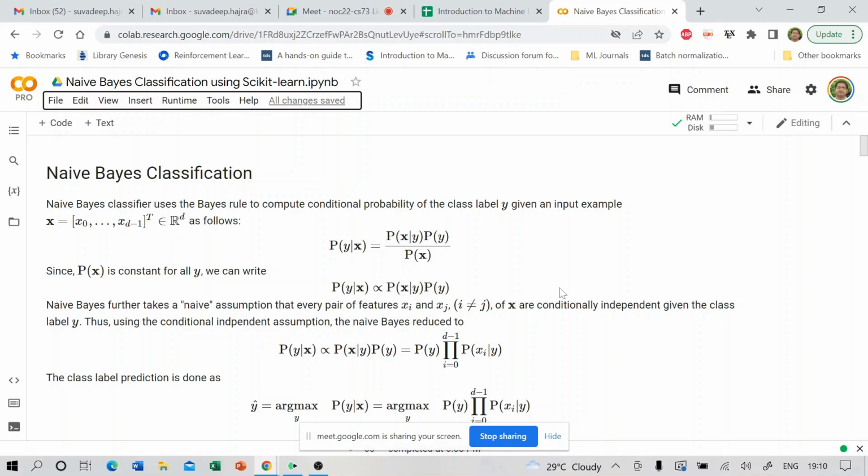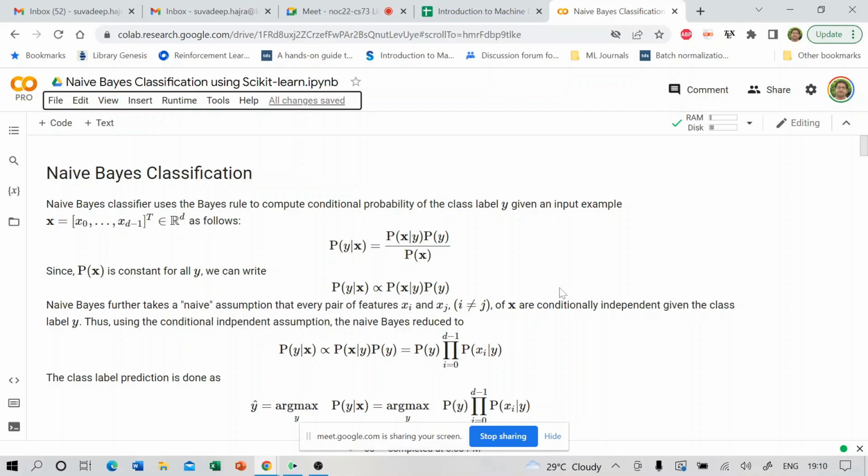This is a Gaussian distribution with mean mu 1 and standard deviation sigma 1. Similarly, for class 2 the data is generated from a normal distribution with a different mean and standard deviation.